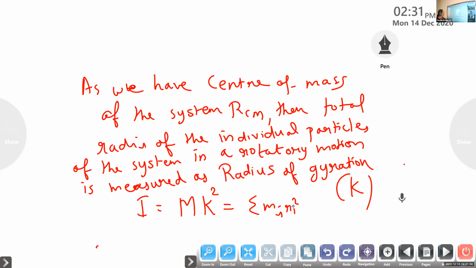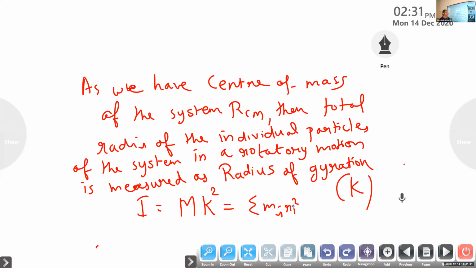Ma'am, can you tell again what is radius of gyration? As we have the center of mass of the system, RCM, the total radii of the individual particles of the system in a rotatory motion is also measured as the radius of gyration. Just like moment of inertia, which we take as the total sum, similarly the total radius of the system we take as the sum of the individual radii.